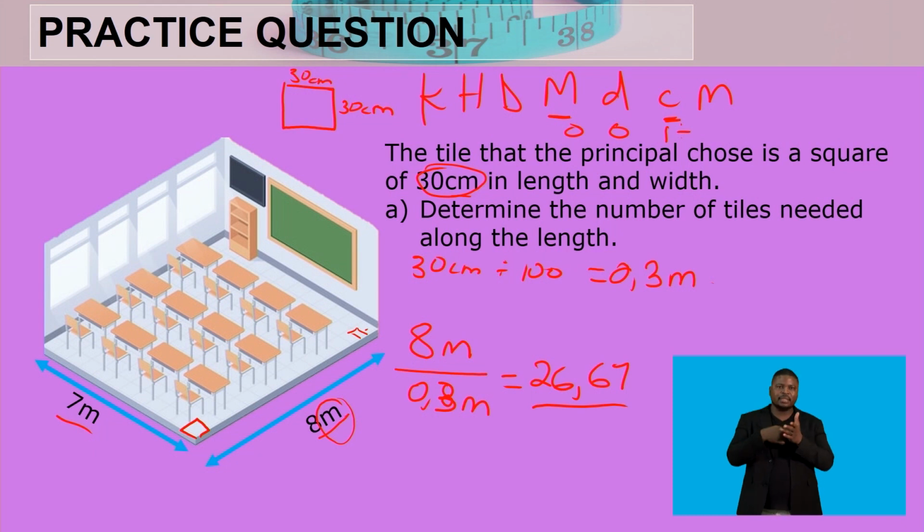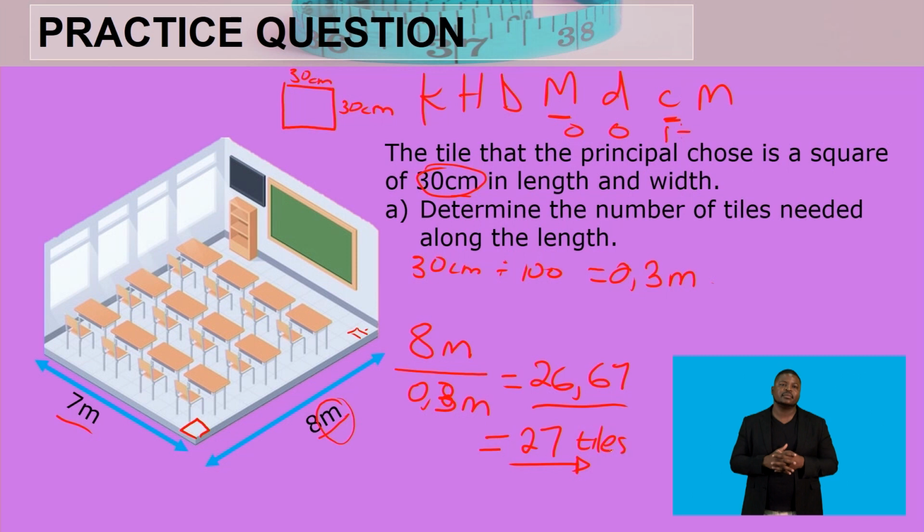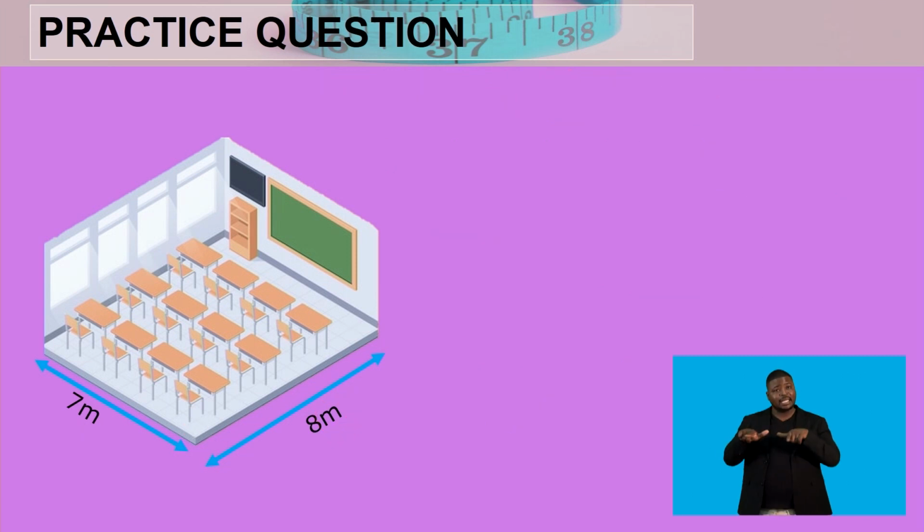The 27th one will be cut, and then there will be a piece of tile left behind. Remember, when it's material, you always round up so that you rather have extra material than be short. So we need 27 what? Tiles. You must write that it's tiles. You need 27 tiles along the length.